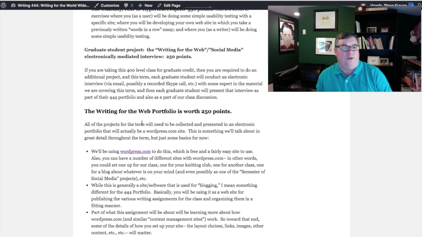The writing for the web portfolio is a WordPress site that you will create that will be the container for your projects. The reason I assigned this to be worth 250 points outside of the regular writing assignments is that I want to draw your attention to the fact that part of what we're trying to learn in this class is how to use and manipulate WordPress, which is a very common content management system.